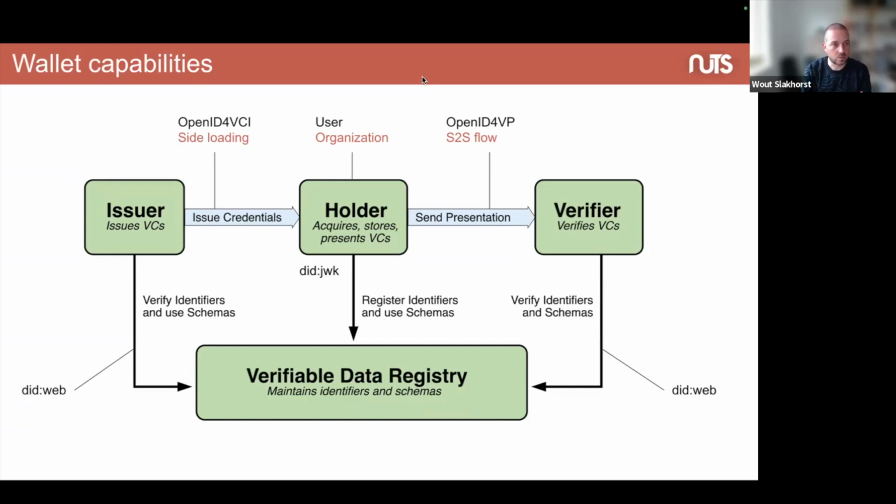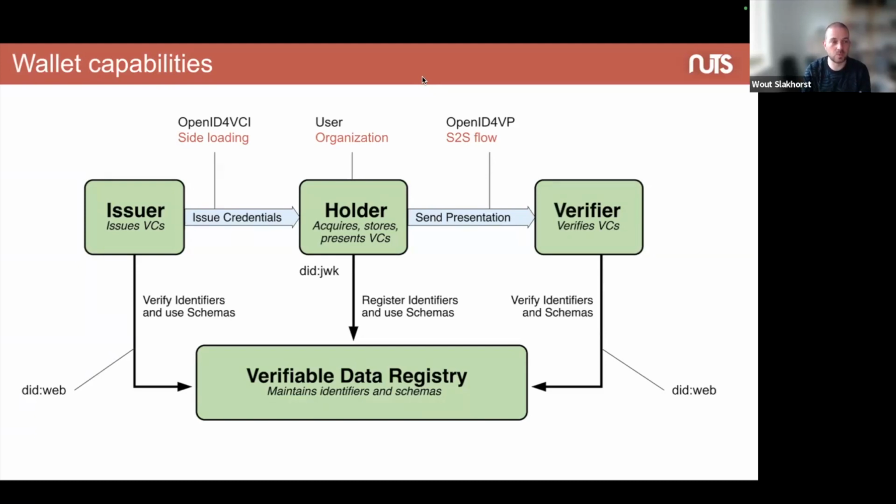In red, we have the different part which the NUTS node currently supports, and that's the organization wallet. The organization wallet is a construct not supported in those two standards, but if you listen closely to what's happening in the entire world, there is a request for an organization wallet.